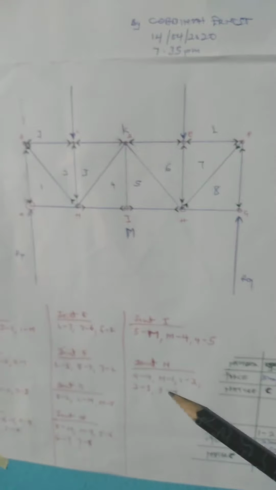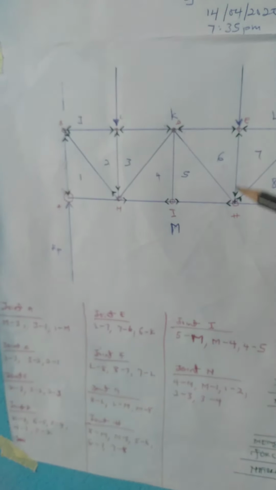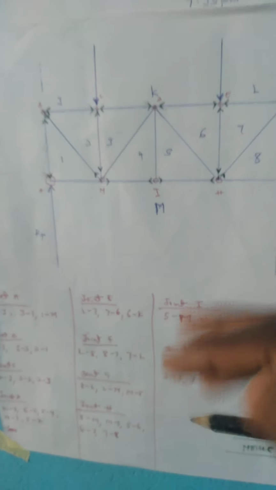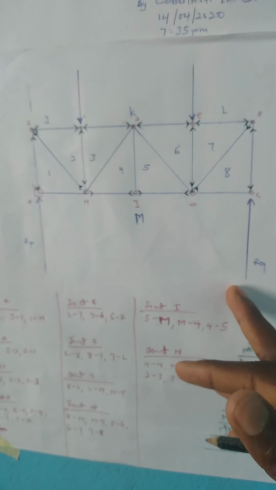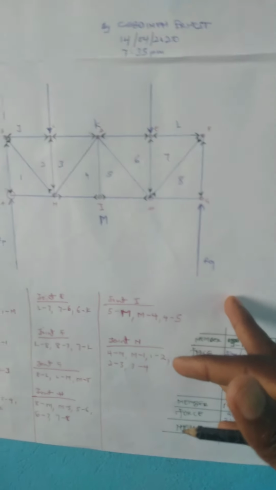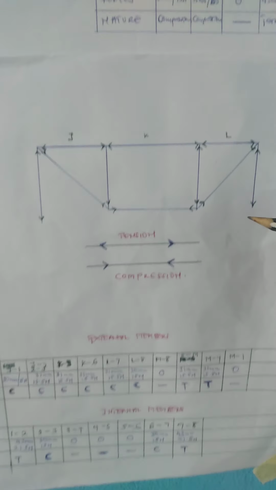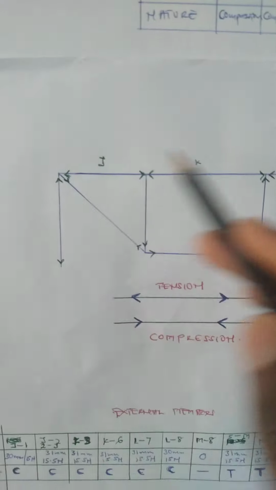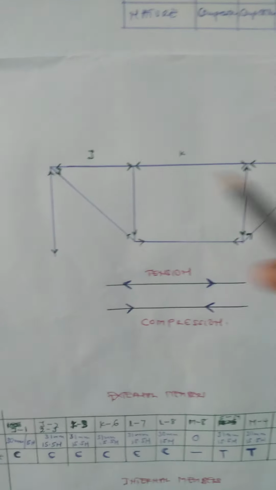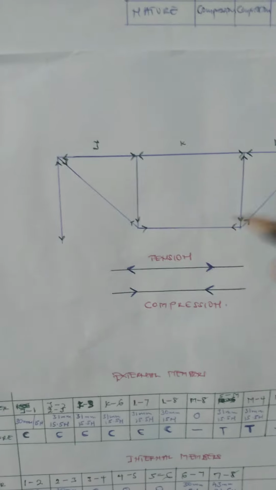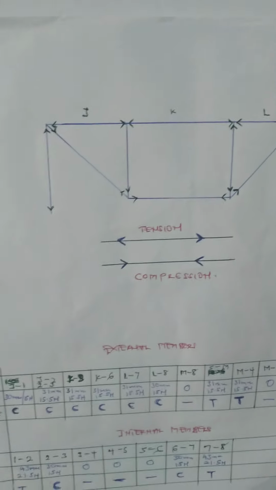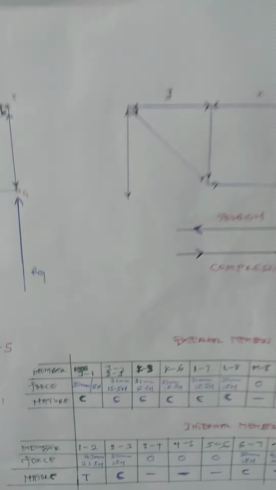So when we redraw this truss, as an engineer, you should be able to minimize costs. So with this analysis, you have realized that the actual truss should be something like this. It means there are some members which shouldn't be there because they are not serving any purpose. And these are the members with zero force.